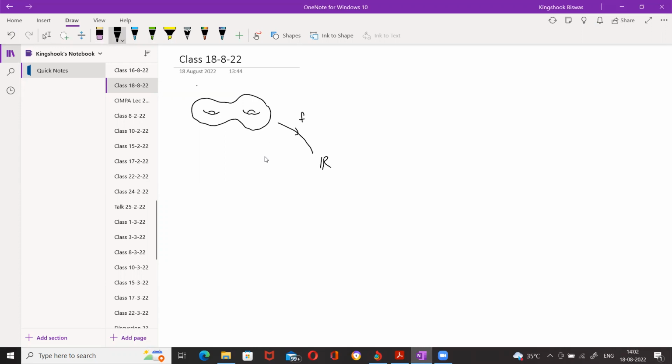Then it's smooth if whenever I take a point on the manifold and a chart near it, phi, then the composition F composed phi inverse, a map from an open subset of some Rn to R, should be smooth.